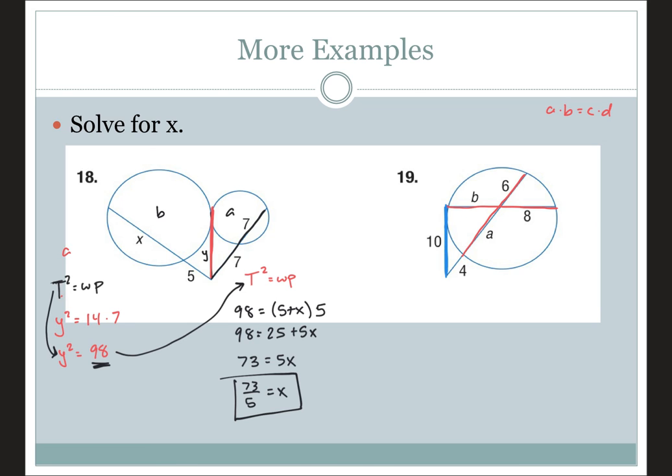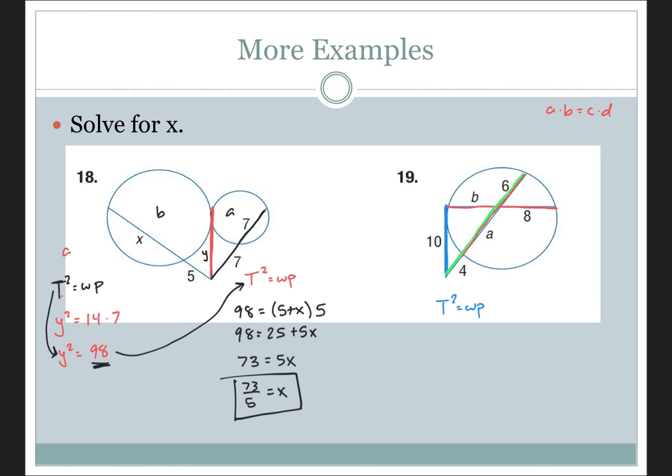In which case, the only option I have that includes a tangent is the tangent and a secant, which means that this is my secant line. Okay? So I have the chord and a chord, and then I have the tangent and a secant.